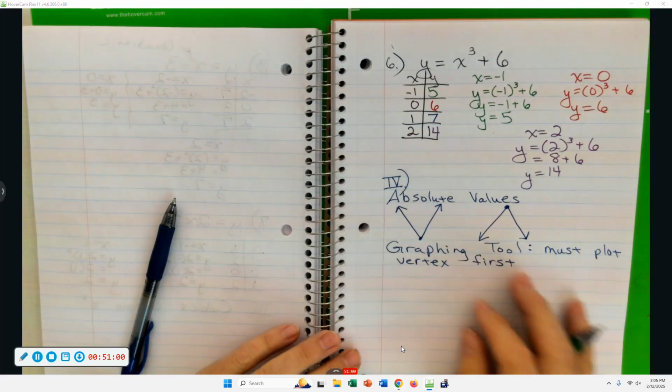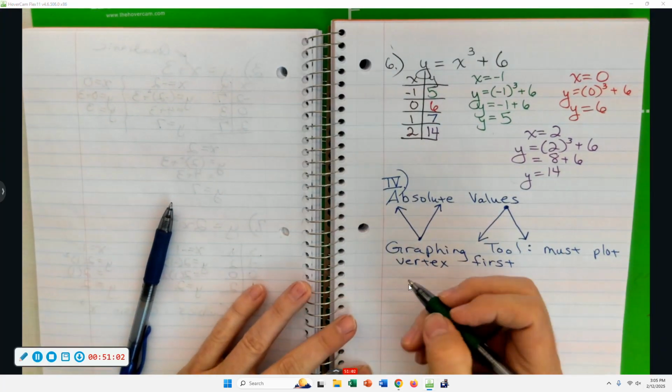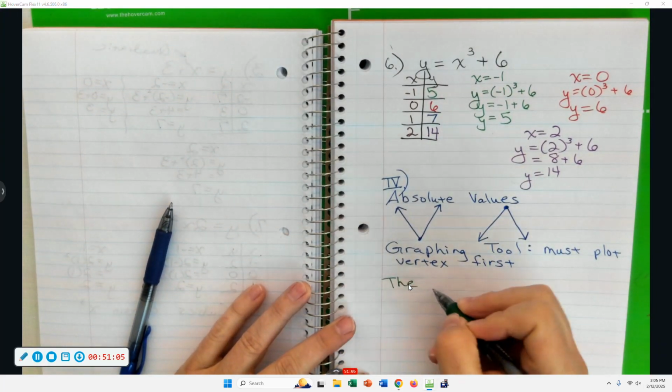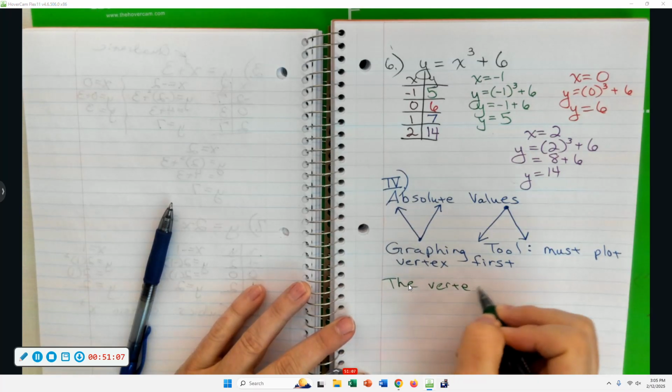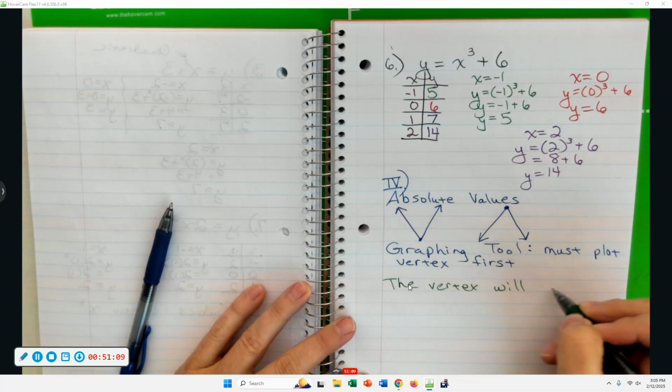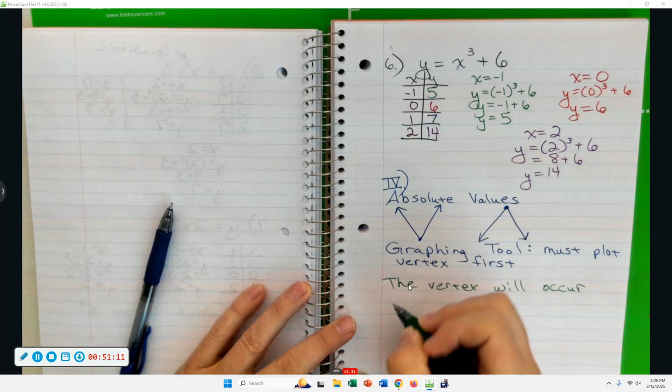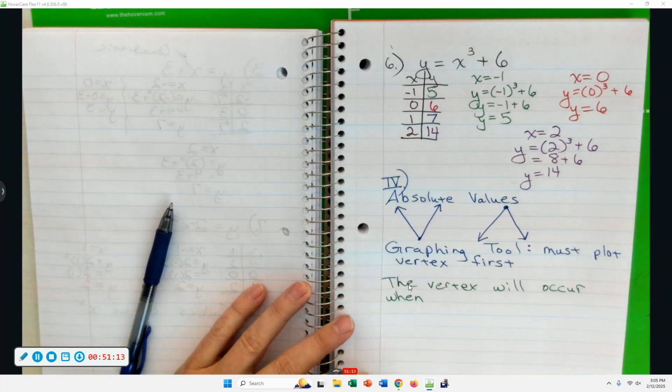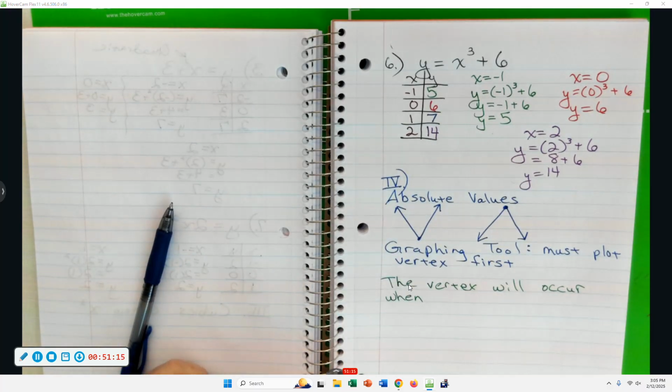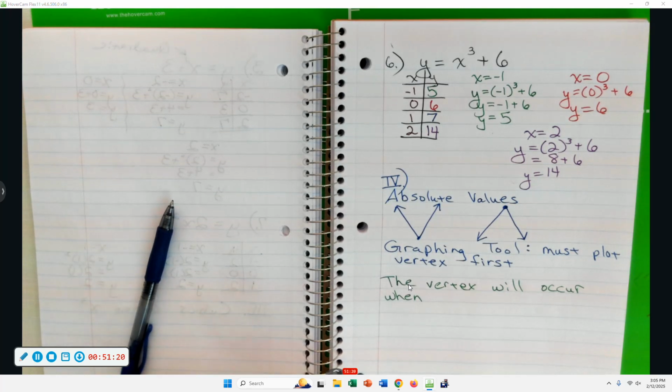Now that I've tried to show you what we're saying here, I'll say the vertex will occur when, instead of saying the inside stuff is equal to 0, I guess that's not very mathematical.